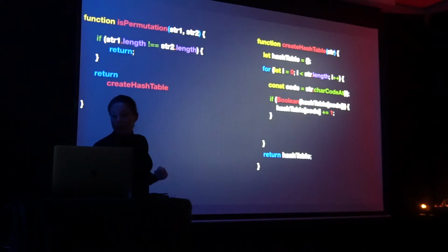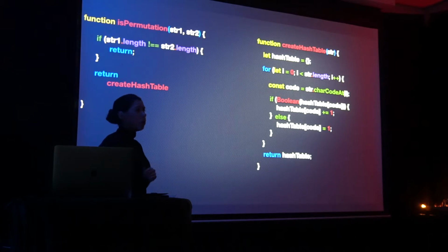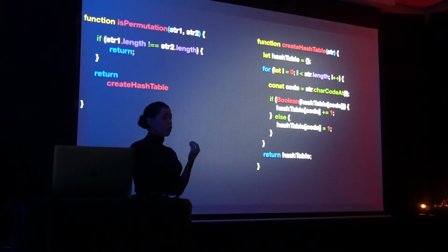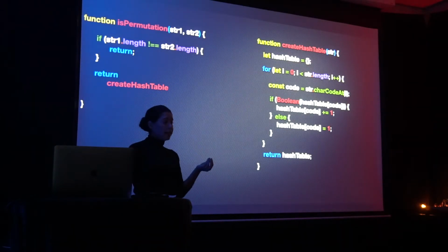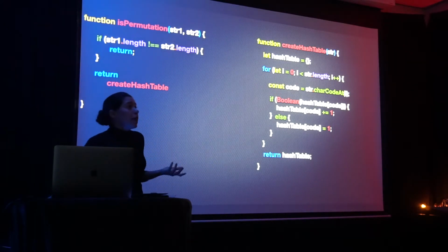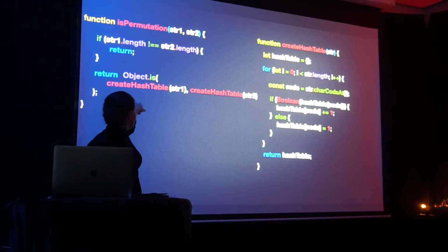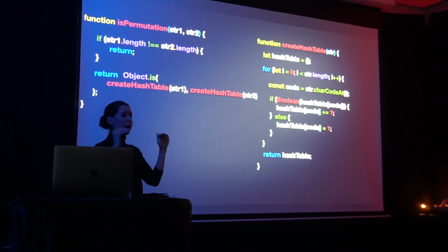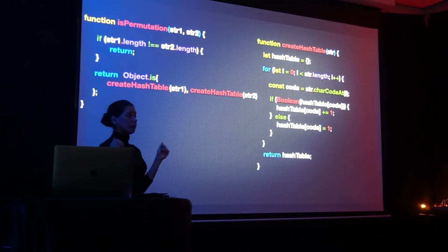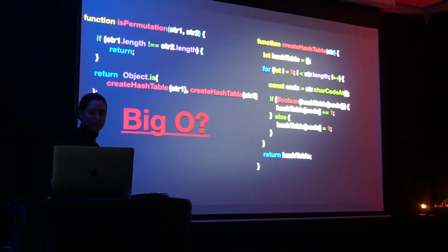I'll explain it a bit later. Otherwise, it equals 1. Actually, what are we doing here? We just count how many of the same symbols our string has. And after that, we can check if it's a permutation or not. The next step, using objects, is that we just compare the two objects. It's a built-in method in JavaScript. We return it. And now, what is the big O in this case?